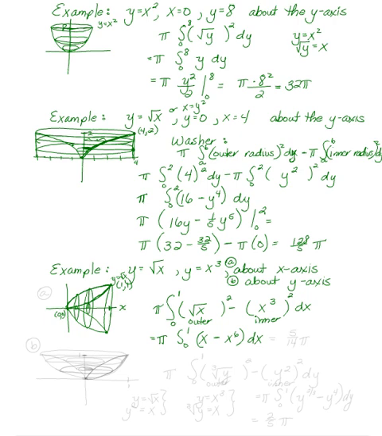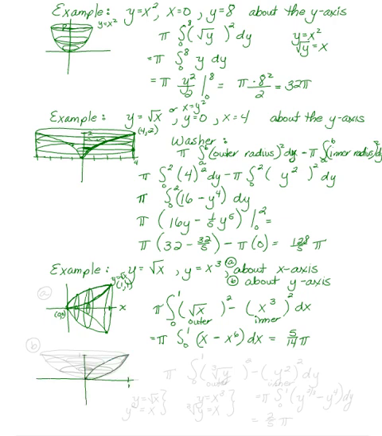As I said, I think you can finish that integral on your own, but I will let you know what the answer is. When you do this integral, you should end up with a final answer of 5/14 times pi. Okay, now let's take that same example, that same picture, and instead rotate it around the y-axis.